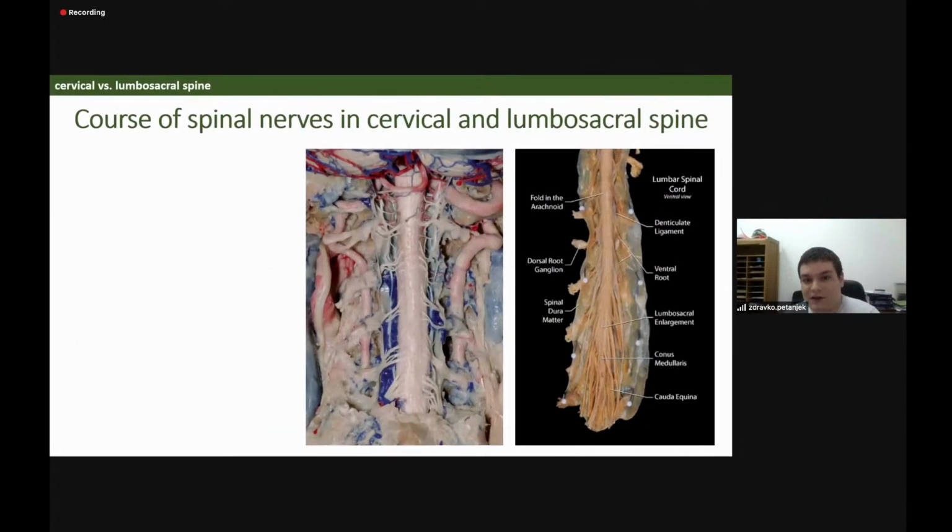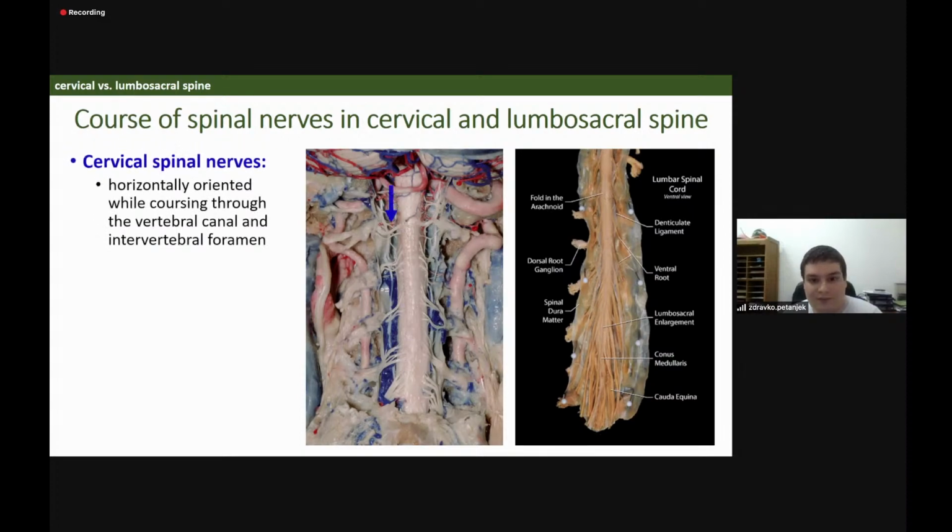However, this is not the only difference between the cervical and lumbar spinal nerves, because we have an important difference in their course. Cervical spinal nerves are horizontally oriented while coursing through the vertebral canal and the intervertebral foramen.